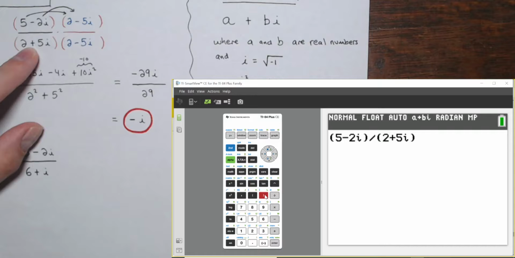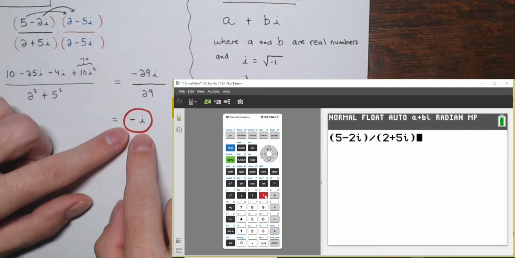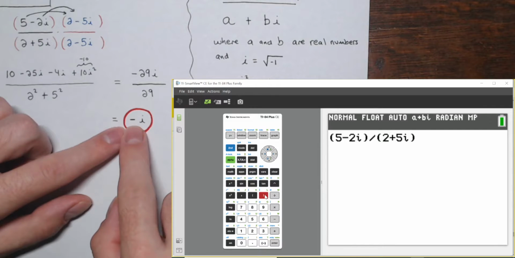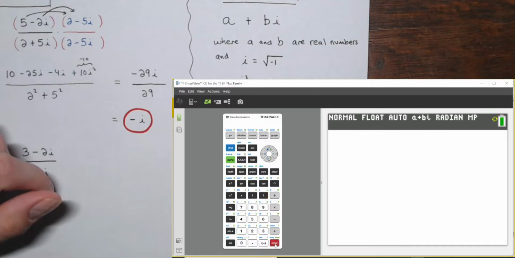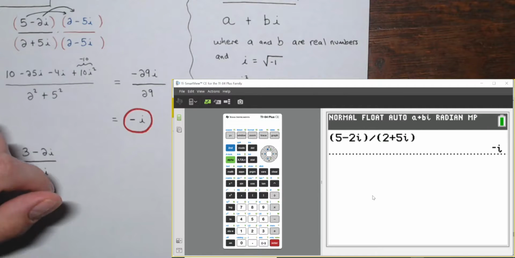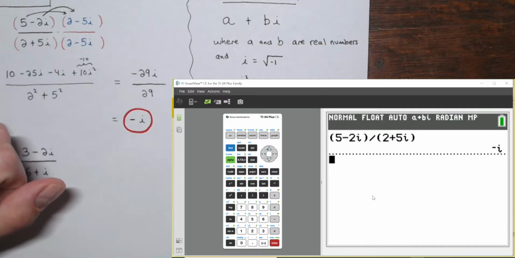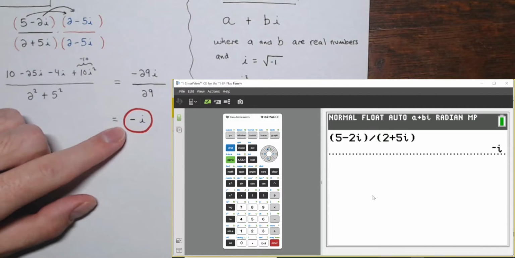Alright, so this is what we were initially given, and I'm hoping that the final result in standard form is just minus i, or 0 minus i, right? They might actually come back with 0 minus i, let's see. Just minus i. See, usually a term of 0 is not written, because it doesn't change anything. Wonderful, and that's exactly what I got doing it by hand here. Alright, so 5 minus 2i divided by 2 plus 5i is indeed 0 minus i, or just negative i, negative 1i.